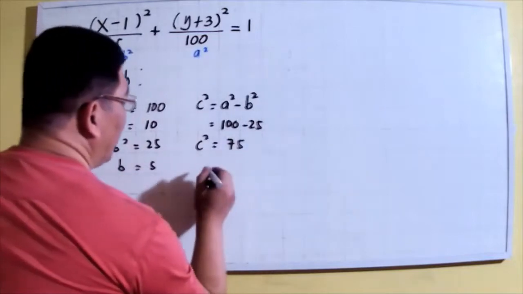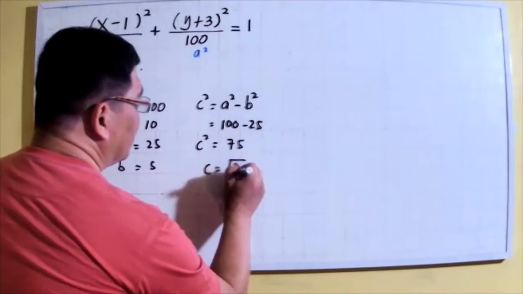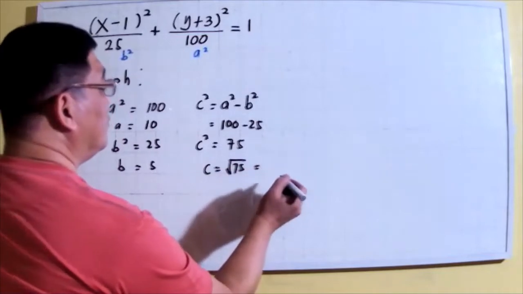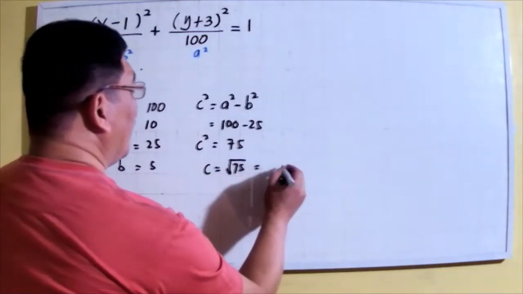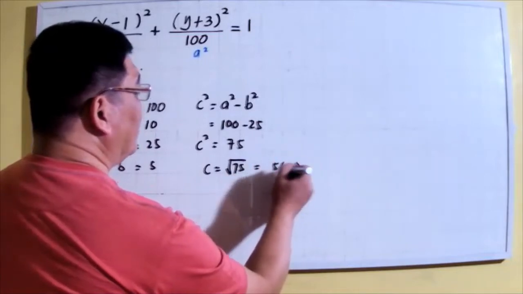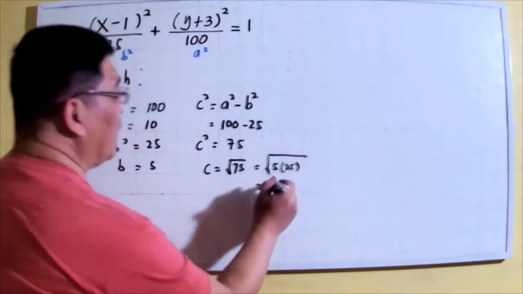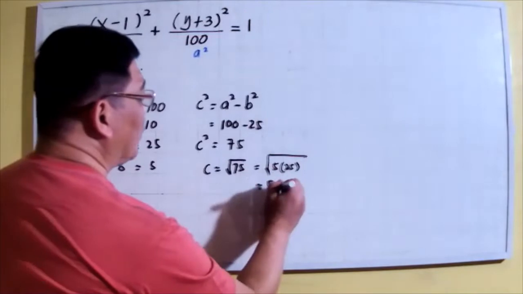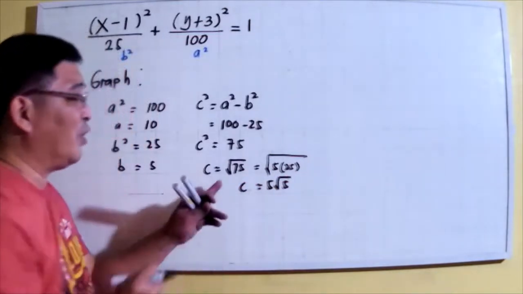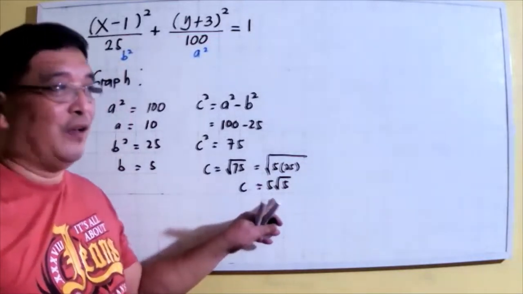And the square root of 75 gives us the value of c. This is equivalent to the square root of 25 times 5. We have the square root of 25, which is 5. Matitira sa loob, square root of 5. This is the value of c. So it's the square root of 75 or 5 square root of 5.